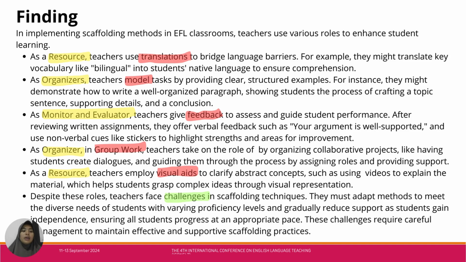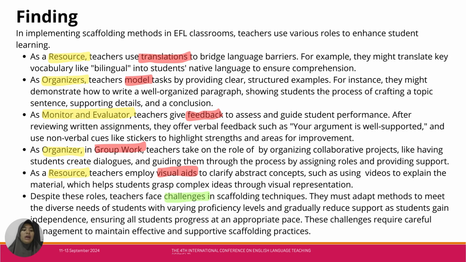Okay, move to the findings. In implementing scaffolding methods in EFL classroom, teachers use various roles to enhance students' learning. First is that the teacher is a resource. Teachers use translation to bridge language barriers. For example, they might translate key vocabulary like bilingual into students' native language to ensure comprehension.